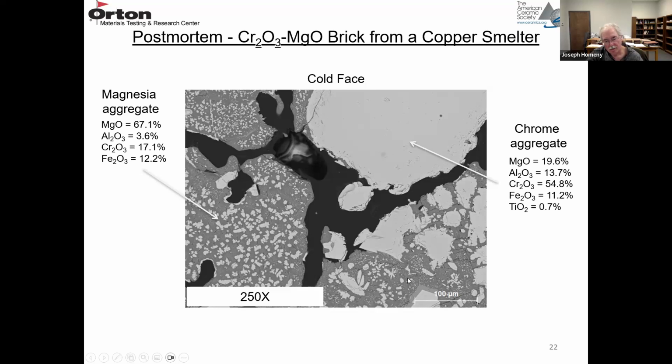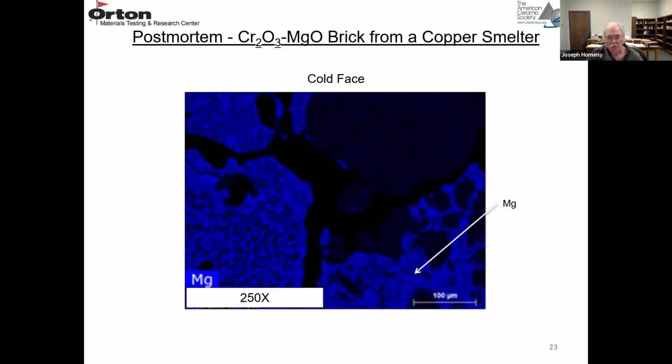This is another magnesia aggregate, but it has quite a bit of chrome in it. So you can see the dark gray is the magnesia with the magnesio-wustite precipitates, and then you have some chrome in that one. So if you map it, the blue here is the Mg.